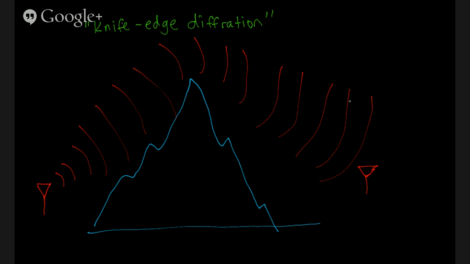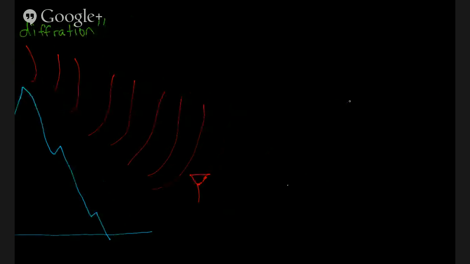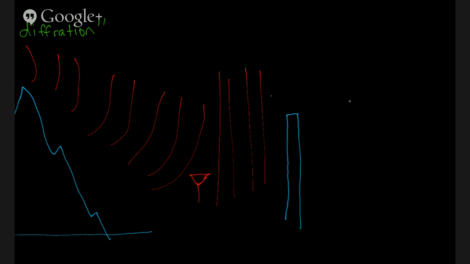Now this is a property inherent to all waves, not just radio waves. It also happens with any sort of defined barrier. If you were to have, say, an edge like this, with our radio waves propagating this way, they would hit this barrier, and only the ones in line of sight would continue, but they would be diffracted slightly.